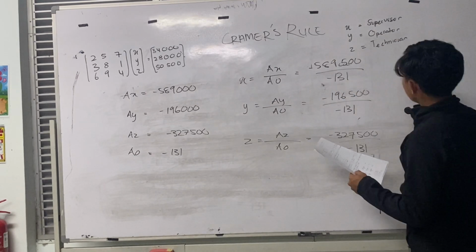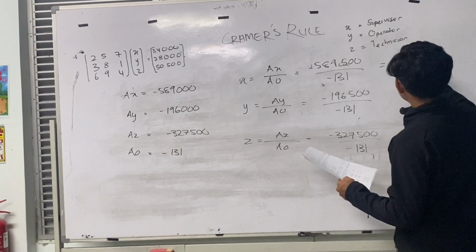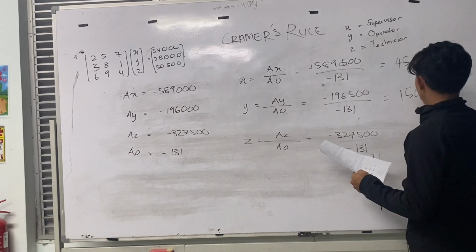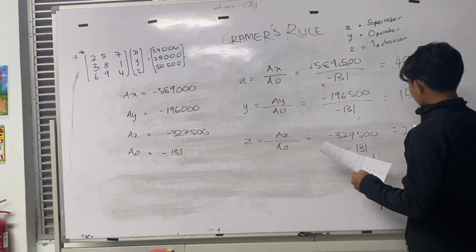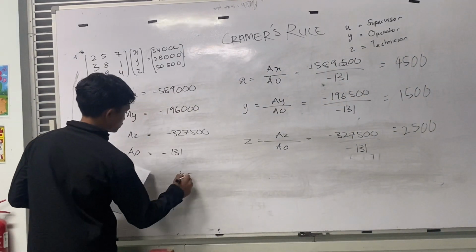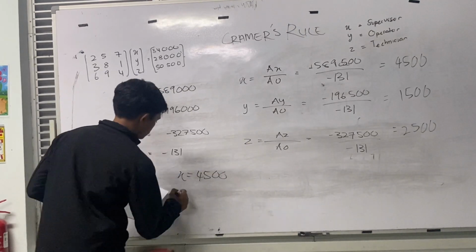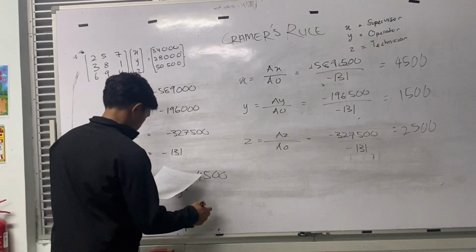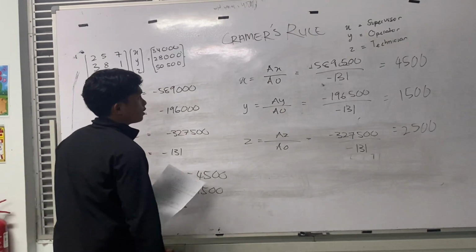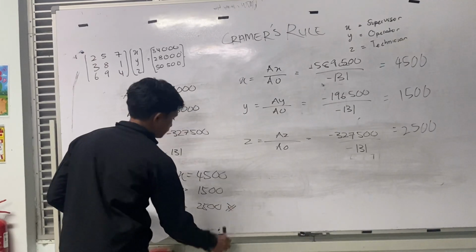Lastly, just put it into your calculator, and then you will get the answers 4,500, 1,500, and 2,500. So the final answer is X for the supervisor, 4,500. Y for the operator we will get 1,500, and for the Z, for the technician, we will get 2,500. This will be your final answer.